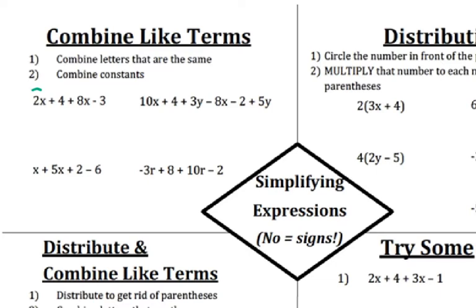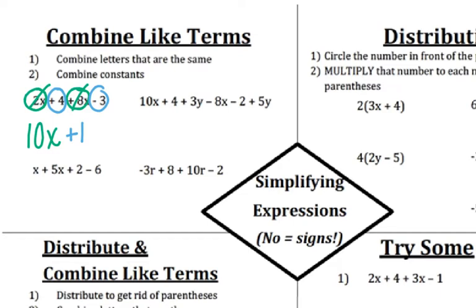We have 2 X's and we have 8 X's. 2 X's plus 8 X's, 2 plus 8 is 10 X's. Step 2, combine the constants. Remember, a constant is just a number. Positive 4, and this is a minus 3. 4 minus 3 is 1, and it's positive, so that's plus 1.